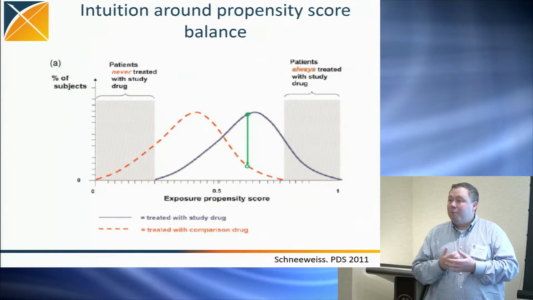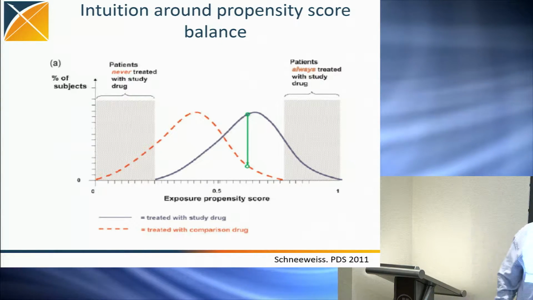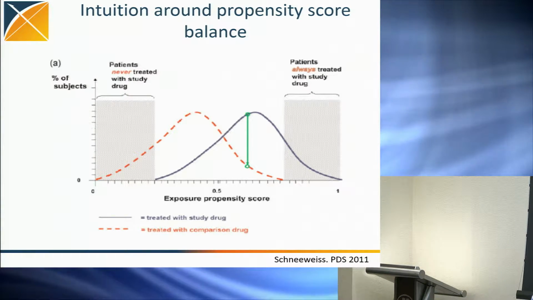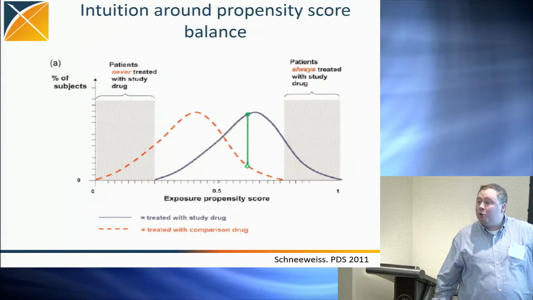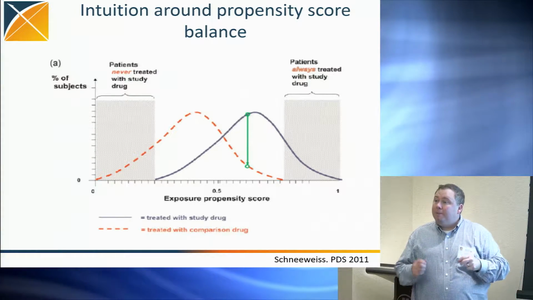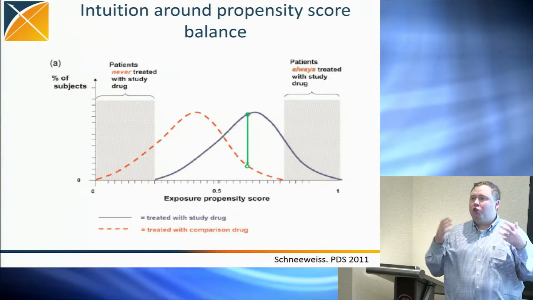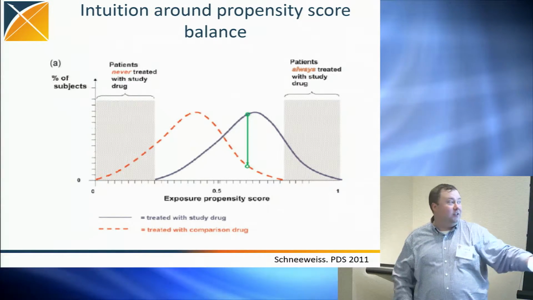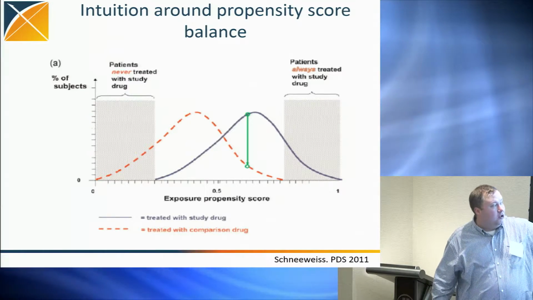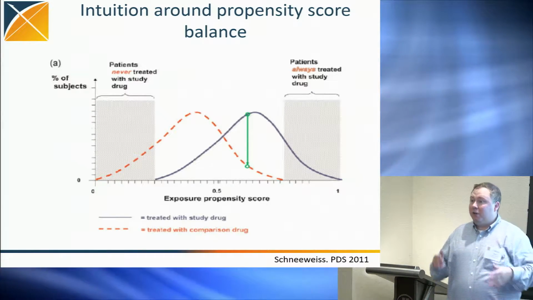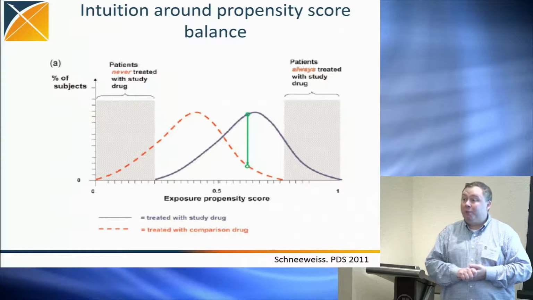There is no probability that if you're way out here, there was no chance you were going to be a red pill person. Or if you're way over here, there's no chance you would be a blue pill person. This matters as it relates to the causal contrast, and that's why you will see people talk about ensuring propensity score overlap, because there is no information here to compare red versus blue if you're in a situation where all those people are only reds or they're only blues.